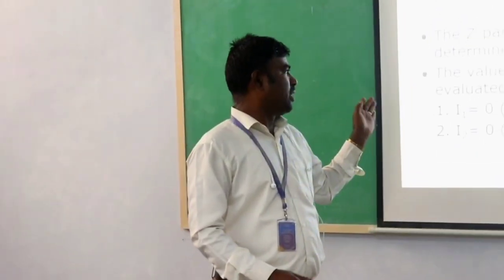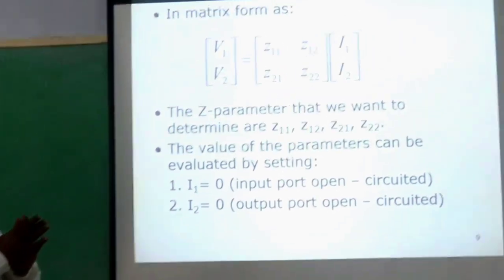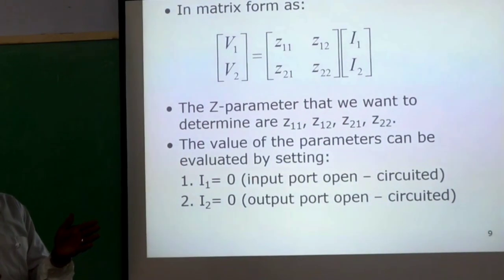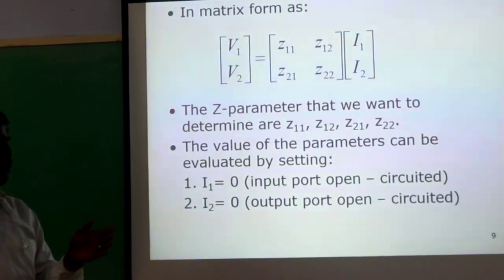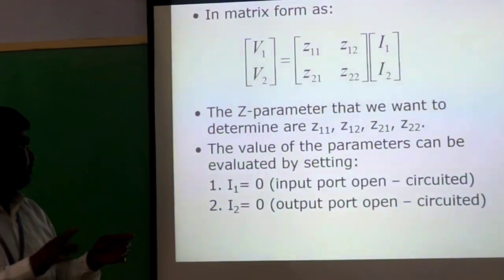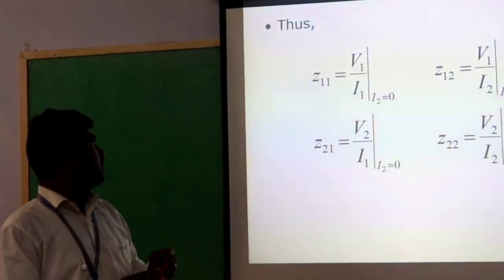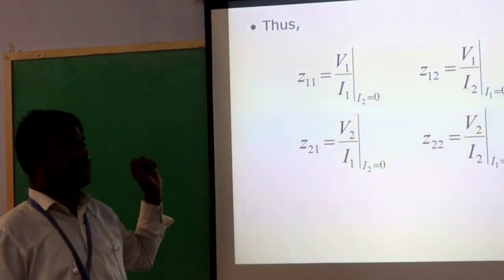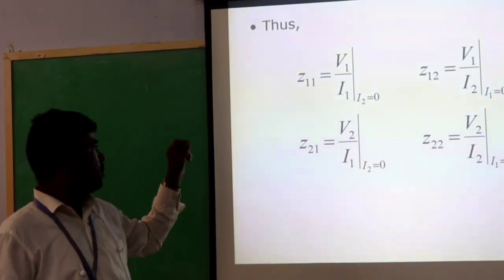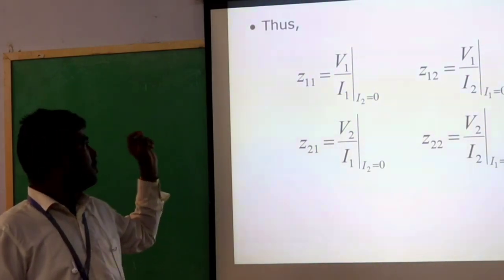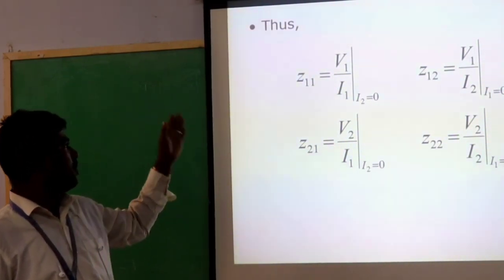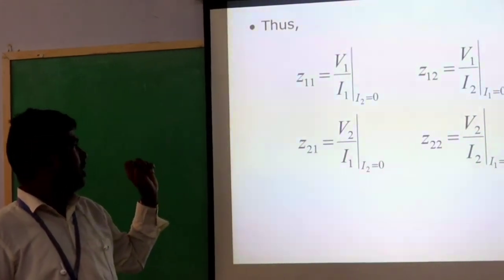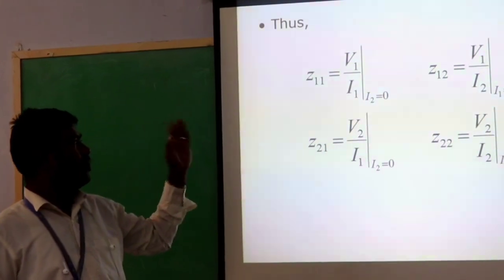First, initially we take I1 equal to 0. I1 equal to 0 means the input circuit is open, and I2 equal to 0 means the output circuit is open. Next one. After substituting I2 equal to 0 in both equations, we get Z11 equal to V1 by I1, Z22 equal to V2 by I2, and Z21 and Z12 are V2 by I1 and V1 by I2.